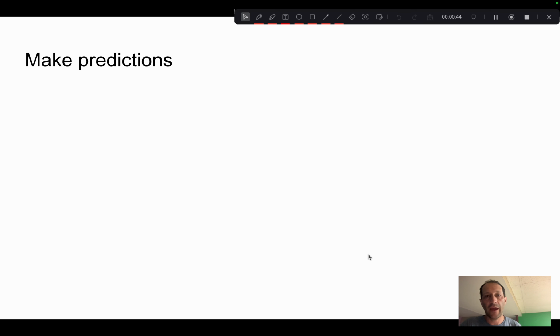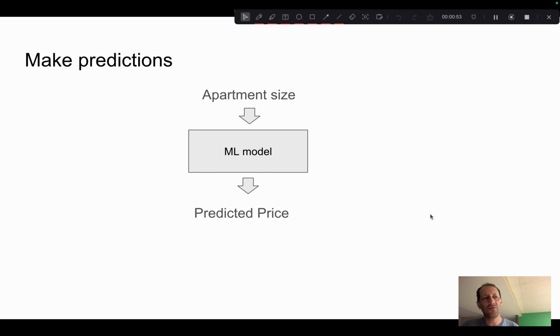The example that I have today, and I will walk you through it, is about predicting the value, the price of an apartment. So this could be useful if you are a real estate app like Zillow or a real estate investment firm. Given certain information about an apartment, you want to be able to predict the value of that apartment.